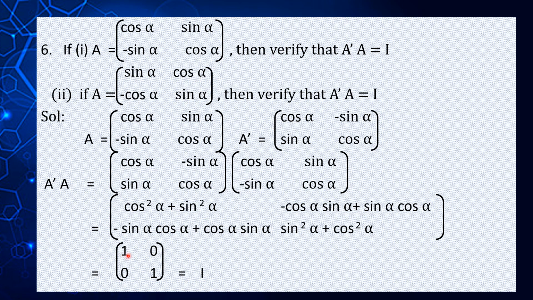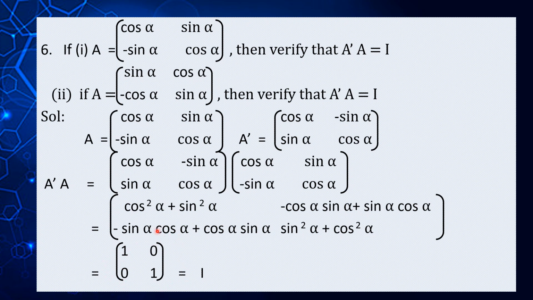So the answer is 1. Minus sin alpha cos alpha and plus sin alpha cos alpha cancel out, leaving 0, and minus sin alpha cos alpha plus cos alpha sin alpha also cancel out, leaving 0, and sin square alpha plus cos square alpha is equal to 1. So this would be the matrix, that is the solution.